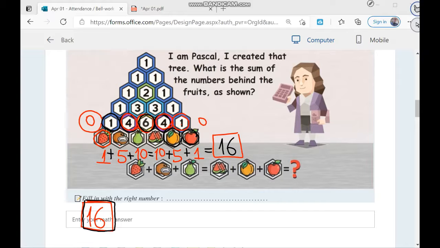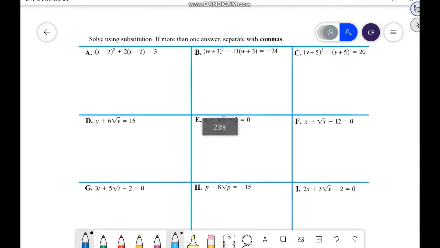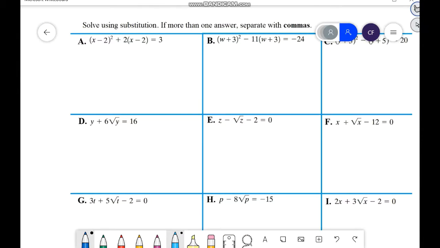Okay. Next, type the answer 16, and let's move on. Let's work on the quiz. I want to share with you the whiteboard, so you can use the whiteboard to practice. I'm going to unshare the screen and call up the whiteboard.